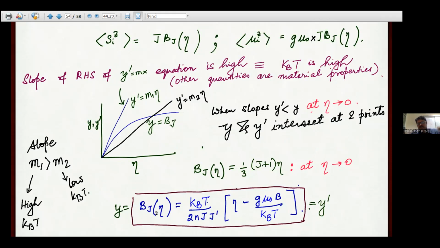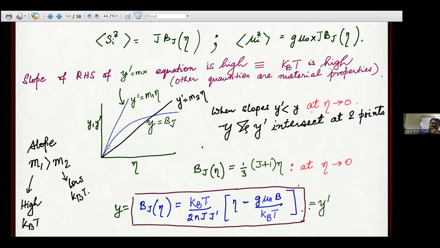because we simplified it, the left hand side of the equation is the Brillouin function, the right hand side is this. Now, if the slope of this is lower than the slope of the Brillouin function at eta equal to 0, then they not only meet at the origin, but this line will also intersect at some non-zero value of eta, which will give you a non-zero value of hm in turn, even when b equals 0, right?